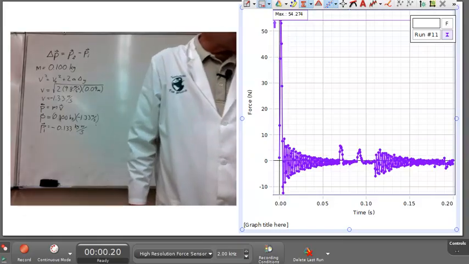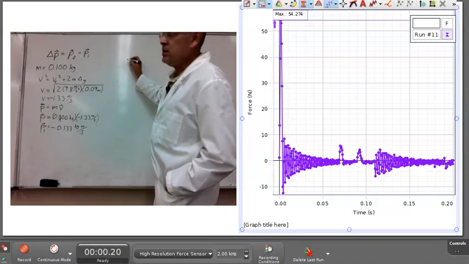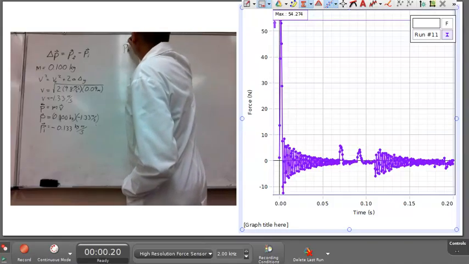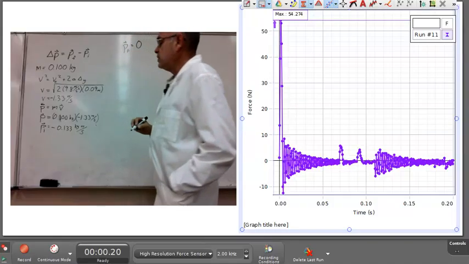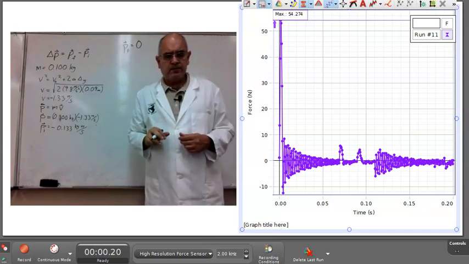What is step number 2? What is the final momentum? Well, the final momentum, PF, is going to be equal to 0 because the clay ball comes to a stop. It comes flat.